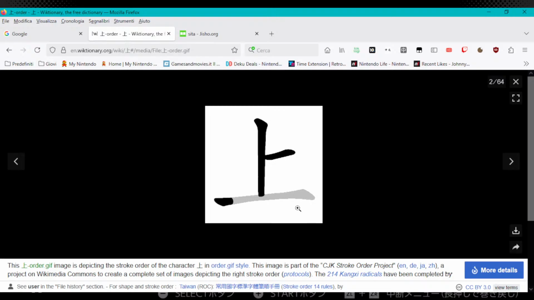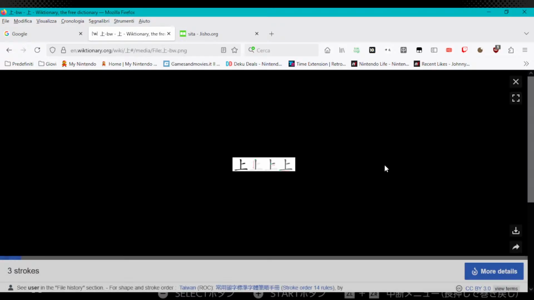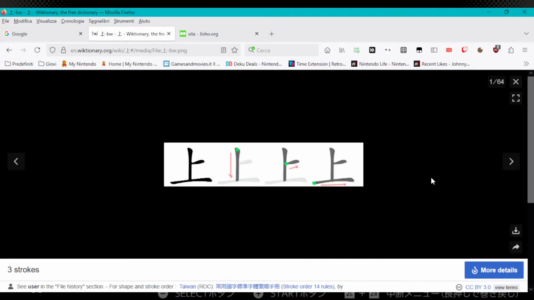Again, as we can see also with the animation, you start at the top to bottom, left to right for the shorter one, and then left to right for the longer one. Top to bottom, left to right, left to right. As you can see, also here with the arrows.